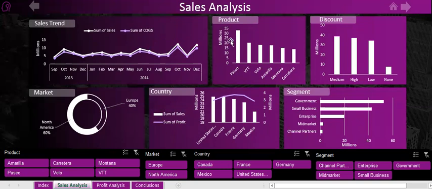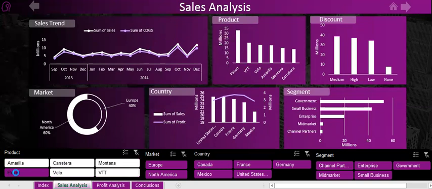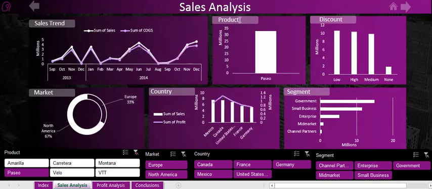Okay, let's go for Paseo. If we drill down on Paseo, this complete sales dashboard changes for Paseo only.